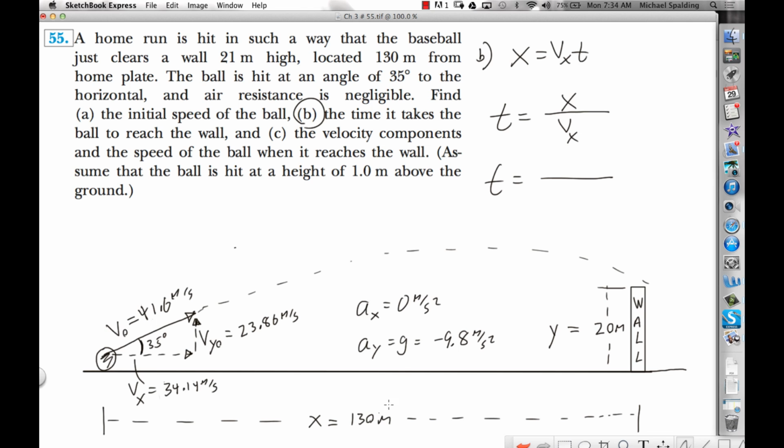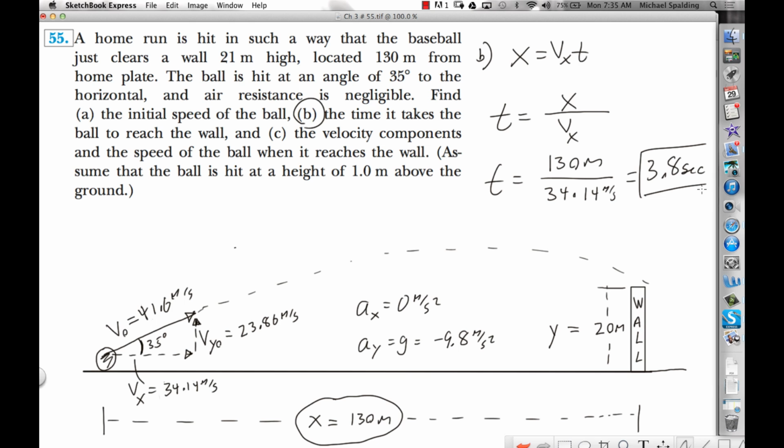So how far does the ball go in the x direction? 130 meters. The x velocity is 34.14. So this gives 3.8 seconds to reach the wall. And you could also try solving it with the y direction as well. There is enough info.